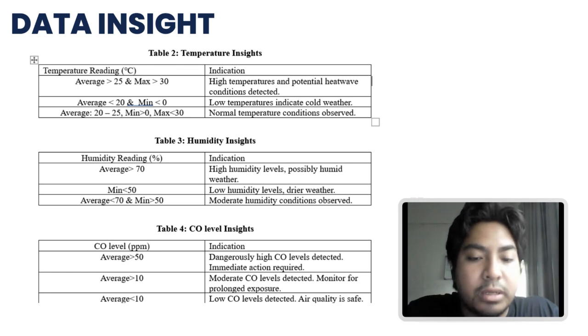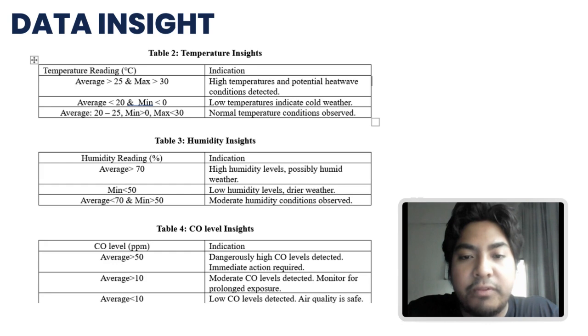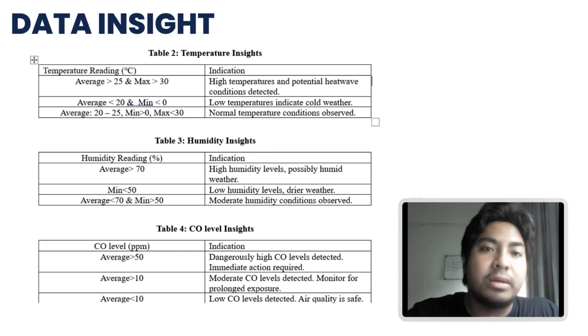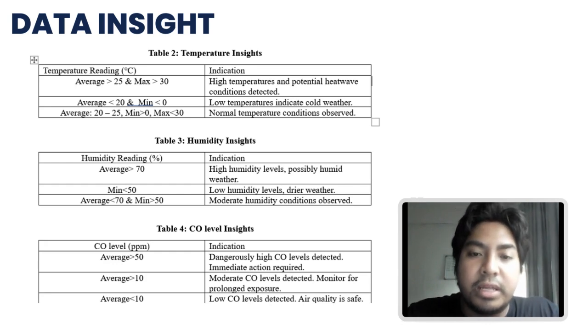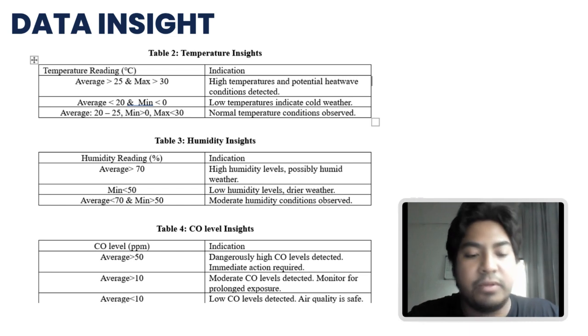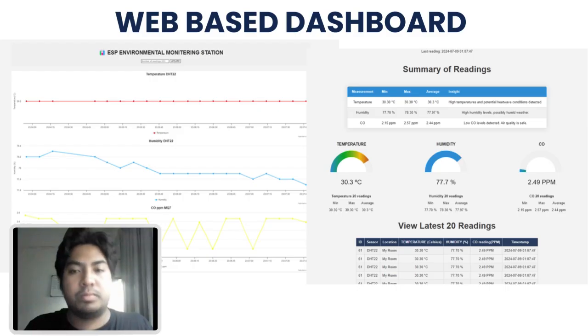So that in the web interface, after collecting all the readings of the data from the database, this insight can be generated to indicate what the data means, so that the user can understand their environmental monitoring system better.